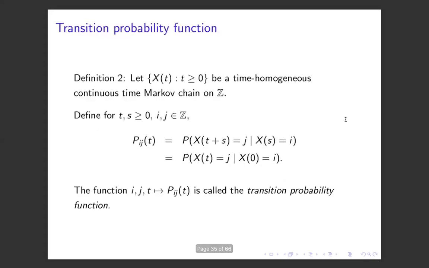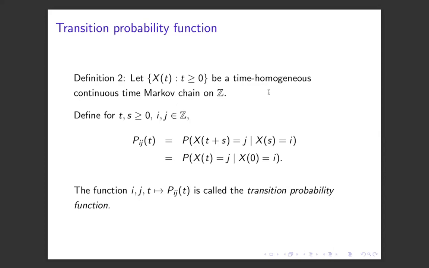So first, now we look at the important object, which is called the transition probability function. In the case of Markov chains with discrete parameter, we had the transition probability matrix. A similar role here is played by the transition probability function, and the definition goes as follows.